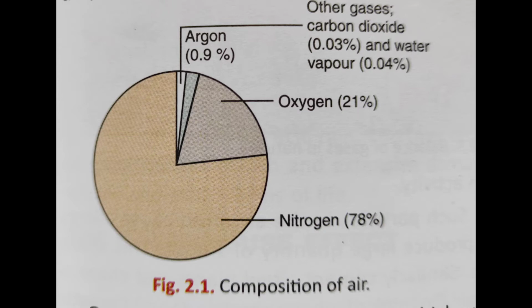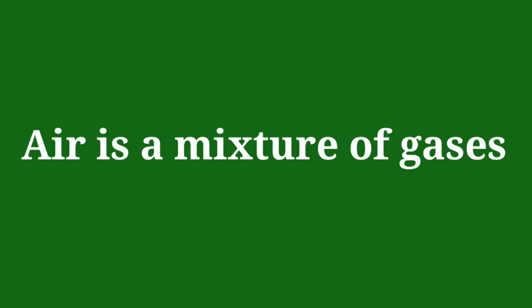Remember it. This diagram shows the percentage composition of air. So nitrogen is 78%, remember, 21% only oxygen, that means 1/5. Air is a mixture of gases.